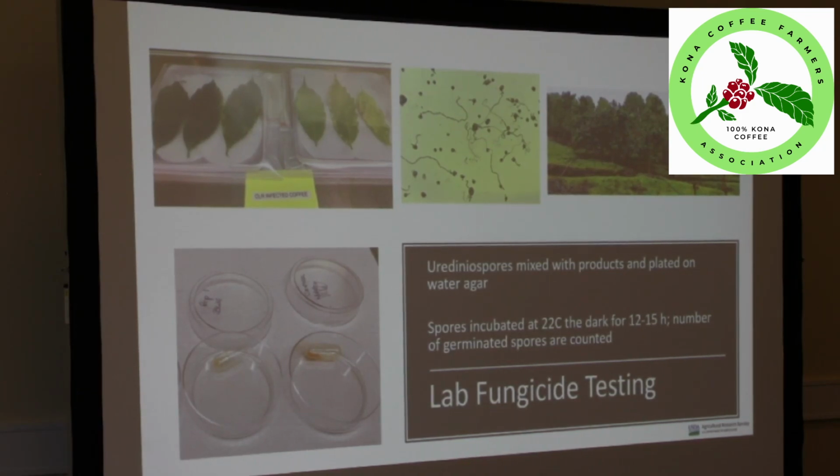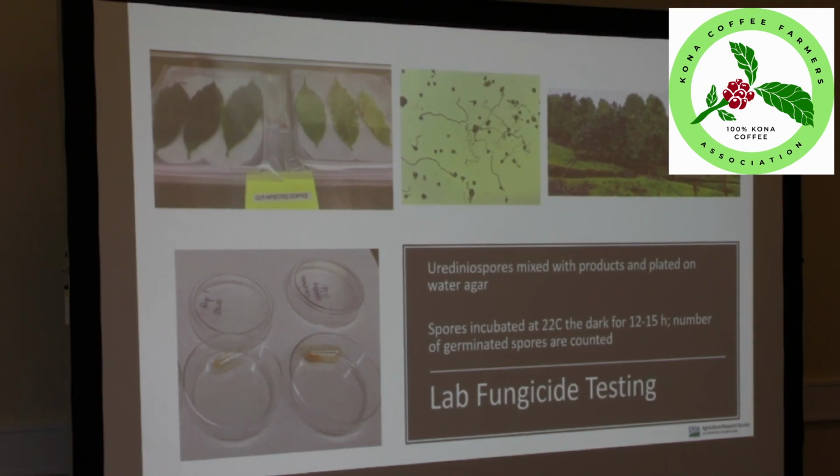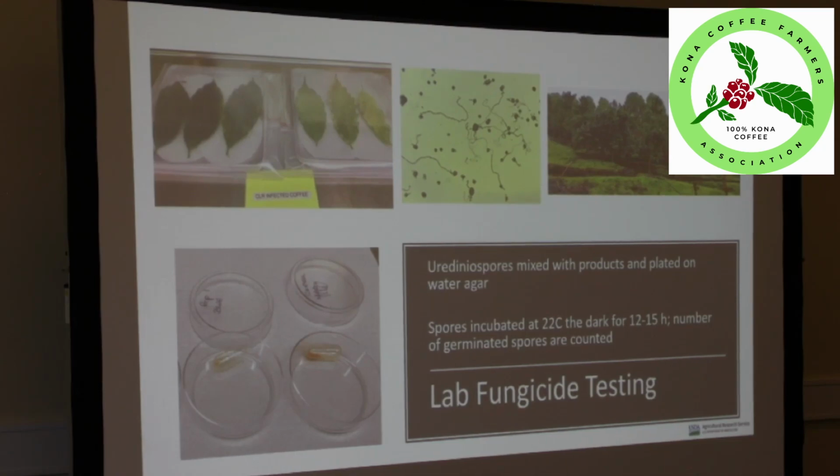Let the spores incubate at 22 degrees, somewhat optimum for the fungus, in the dark for 12 to 15 hours, and then look at the spores under the microscope and count the number of spores that have germinated as compared to a water control.